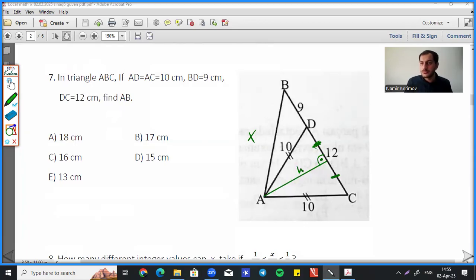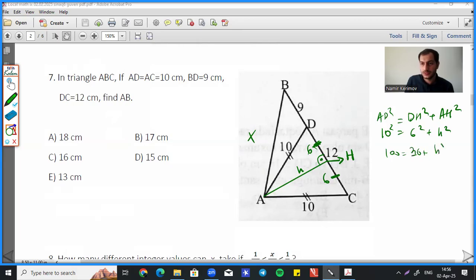That height is at the same time a median. So 12 divided by 2, that will be 6 and 6. And using the Pythagorean formula, AD squared, 10 squared is equal to, let's call that point H, DH squared, which means 6 squared, plus AH squared, which is the height squared. So 36 plus height squared, the height will be 8.